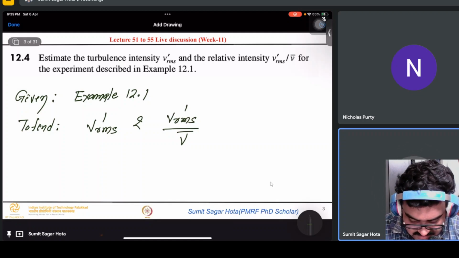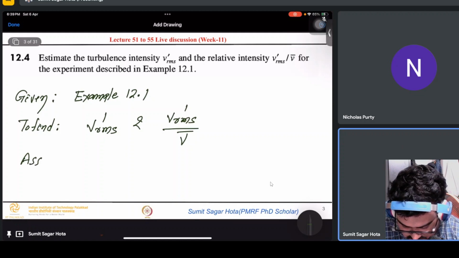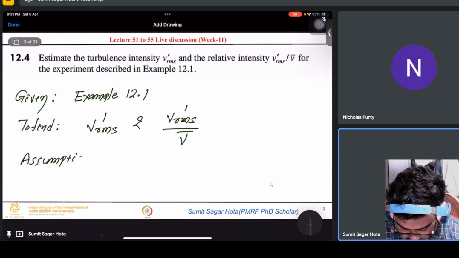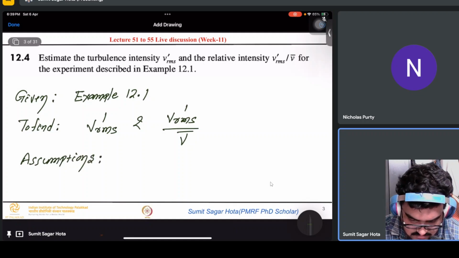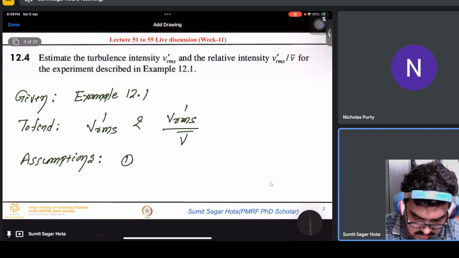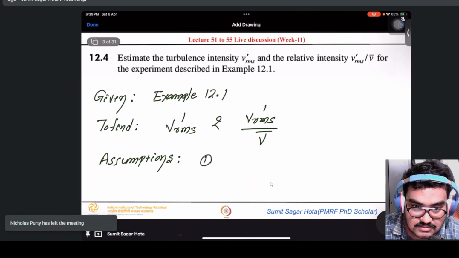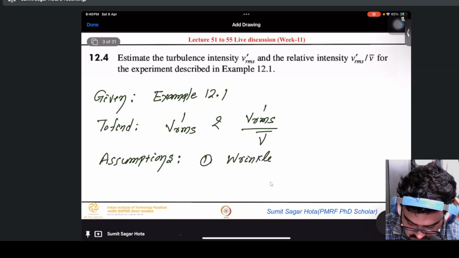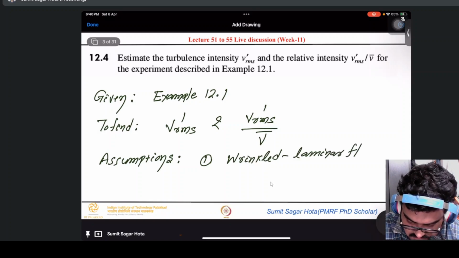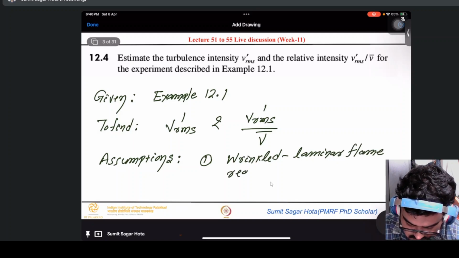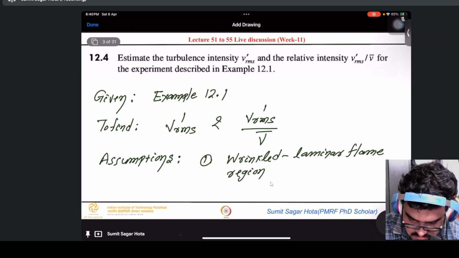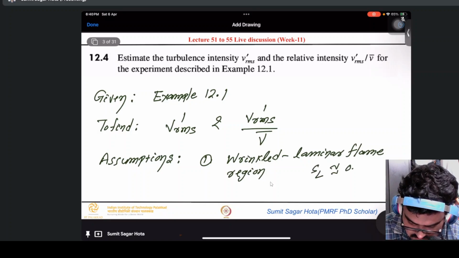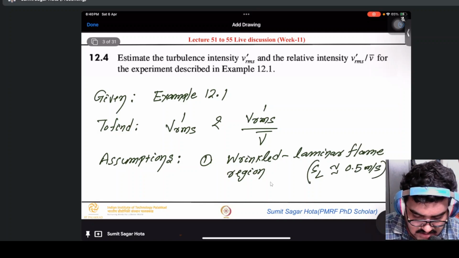Some of the assumptions we can make: wrinkled laminar flame region. Then the Damköhler model applies.